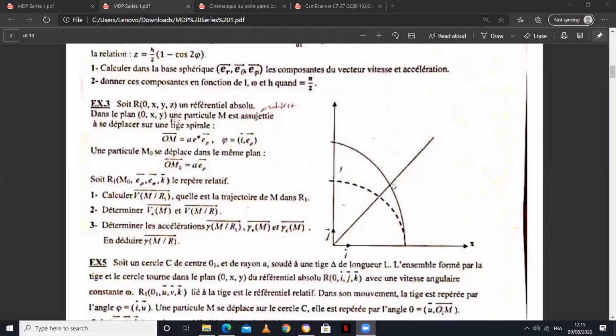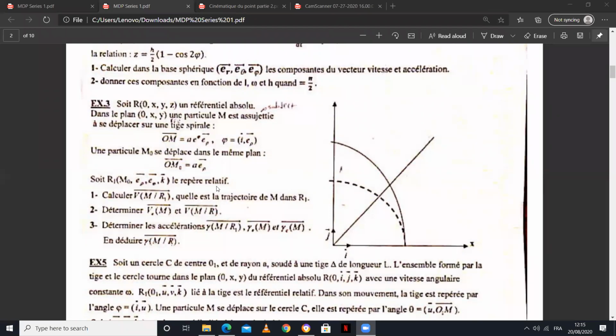That means le point M est repéré par this other referential, which has e_r in it. And we know e_r goes with e_r, e_phi, and k. So we have this second referential, which is going to be our referential relative, okay? And we've been told here, soit R1, M0 origin, and M0 is there, e_r, e_phi, k, le repère relatif.